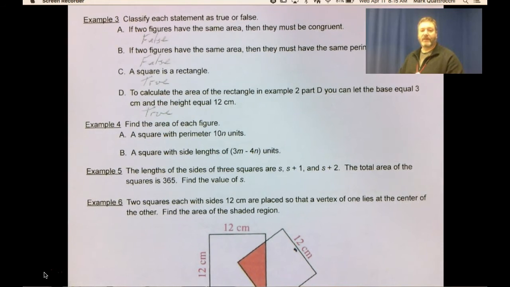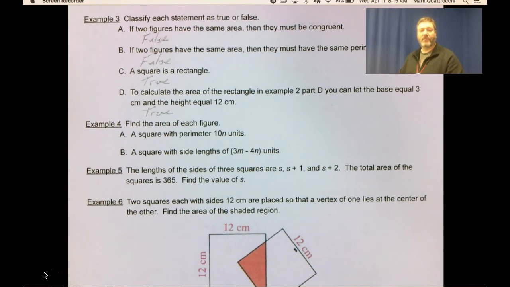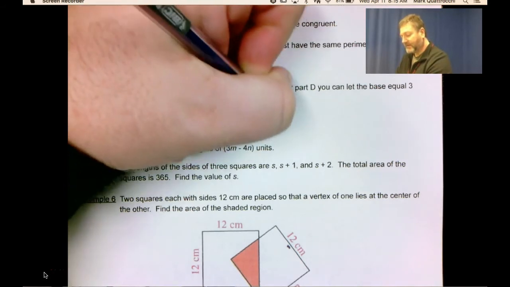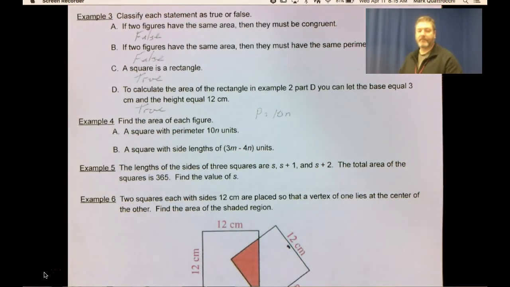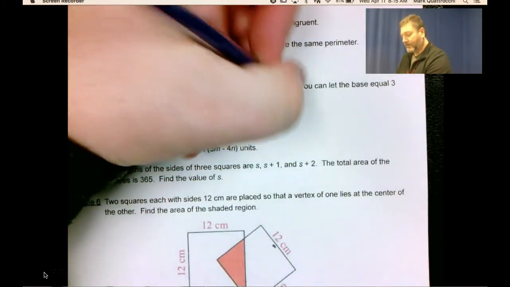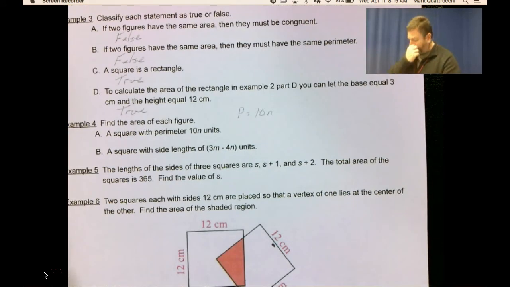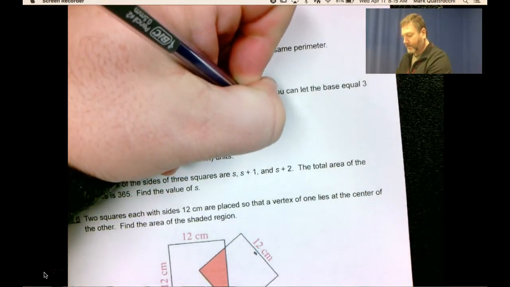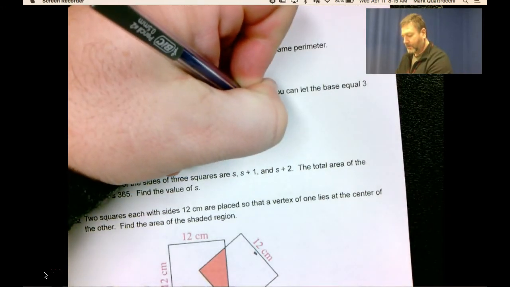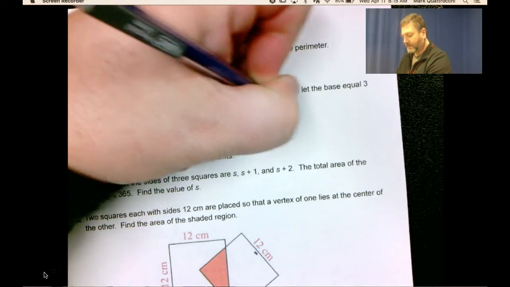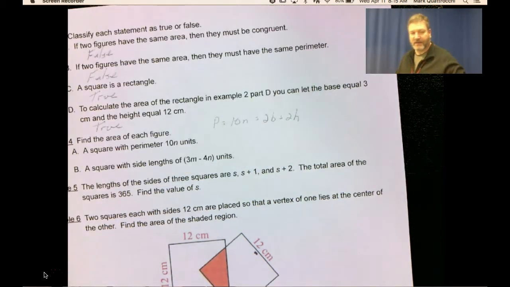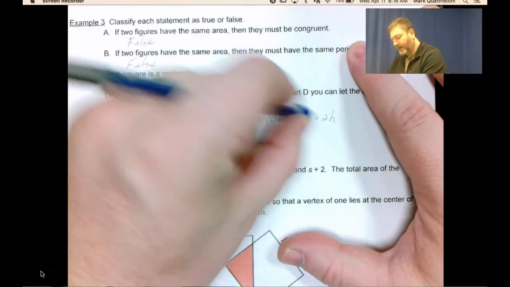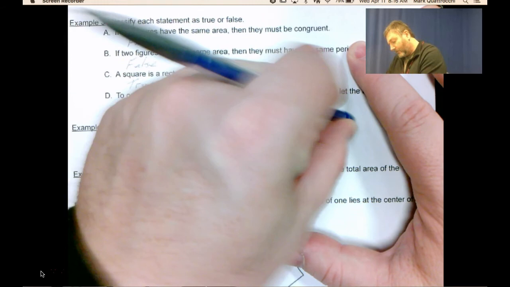Okay. Find the area of each figure. A square with a perimeter of 10n units. So if the perimeter equals 10n, perimeter is equal to 2 times base plus 2 times the height. I didn't read the question carefully. It's a square, not a rectangle.